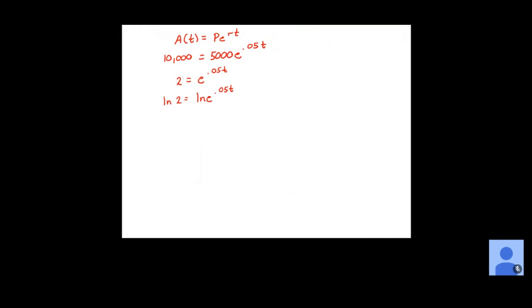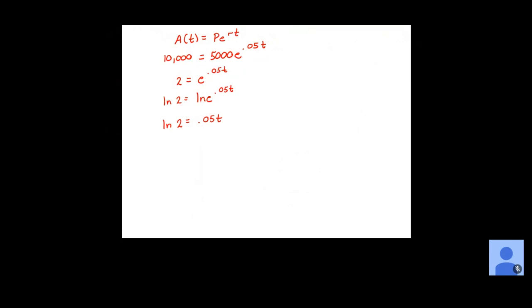So then what can we do from there? Good. The natural log and e cancel, and so that's just going to give us what's in the exponent. So we're going to have natural log of 2 is just equal to 0.05t. And that's one of those properties of natural logs that tells us if we have the natural log of e to some power, we can just bring down the power. Natural log of e becomes 1.